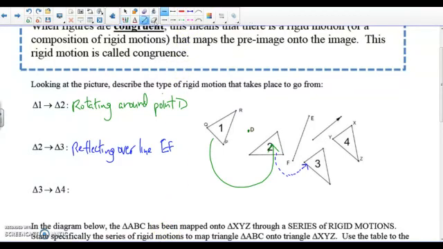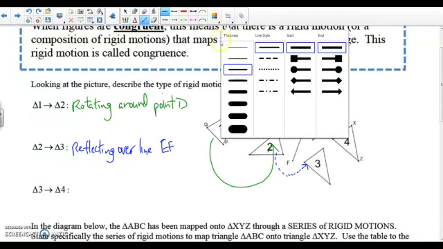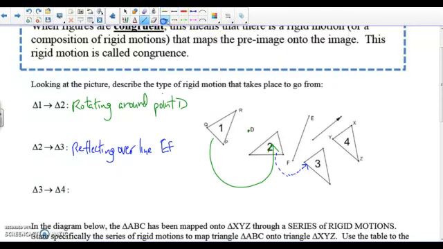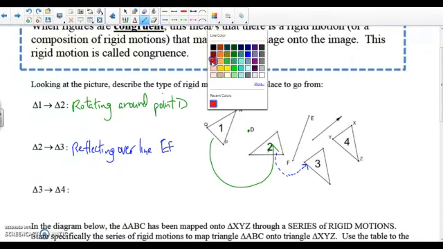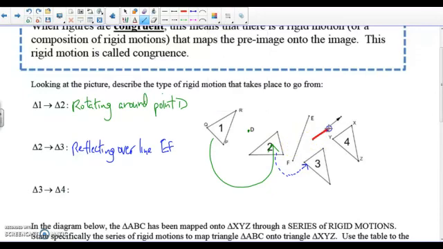And last but not least, this is what we looked at on the very first example. To go from triangle 3 to triangle 4, we can see we're following this vector. And every point is mapped along that same vector. So our last step is a translation.